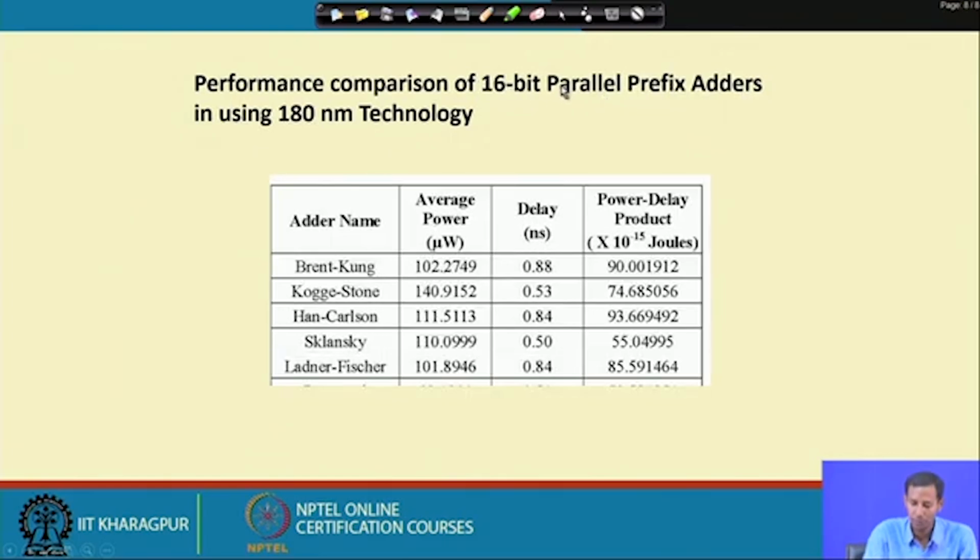Then this is for a 16 bit parallel prefix adder using 180 nanometer technology. Again you see that for the Sklansky, the average power consumption is 110, and the corresponding power delay product is 55, which is the minimal one compared to the other four adder architectures.